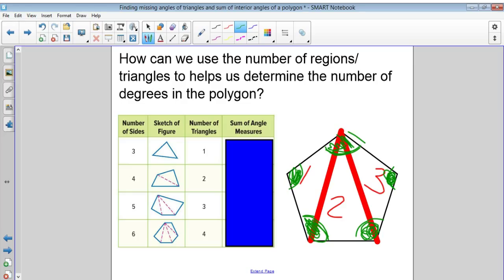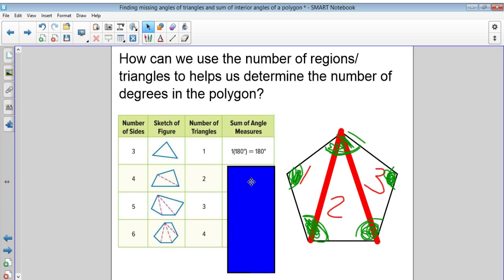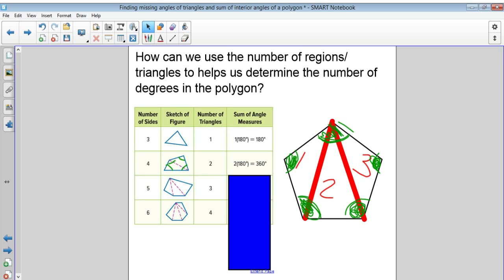And so if I have a 3-sided figure, it's just a triangle, and we've already determined that there are 180 degrees in a triangle. But in a quadrilateral, we have 2 triangles, and all of the triangles' angles cover all of the angles of the quadrilateral, because we're going from one vertex to the others. So 2 times 180 gives us 360 degrees in a quadrilateral.